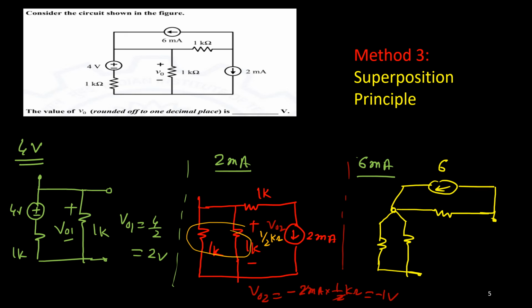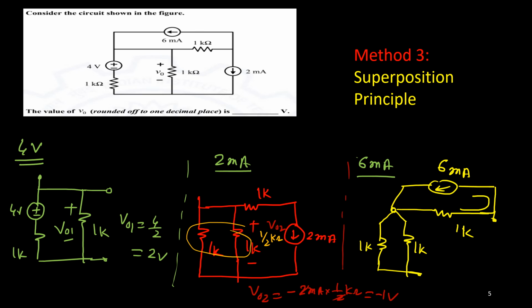So this is your 6 milliampere. This is 1k, this is 1k, and it's also 1k. Now this circuit path is isolated, right? So whatever current comes here, 6 milliampere, will go through this branch only, because it's a single path.